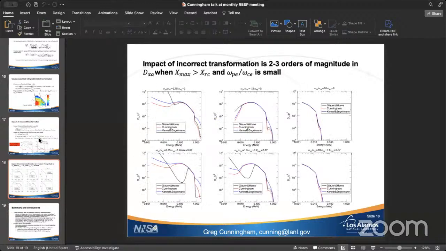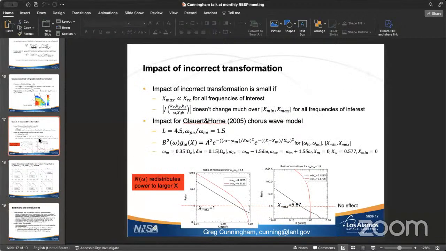Thanks both for the brilliant talks. This question's for Greg. I think it might be slide 17 or 18, but it was the slide where you were showing the differences in all the different diffusion coefficients that you calculate. My question was about your diffusion coefficients: they were more different to Glauert and Horne than they were to Kennel and Engelmann, I think.